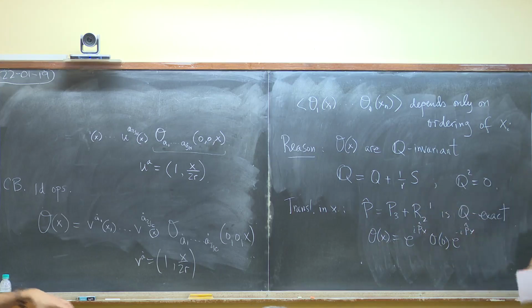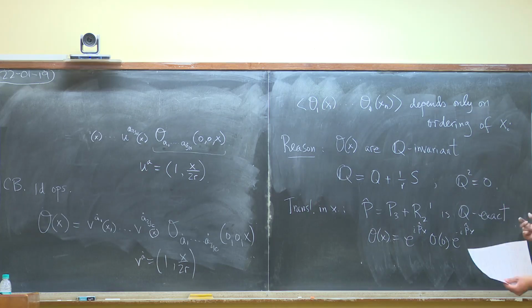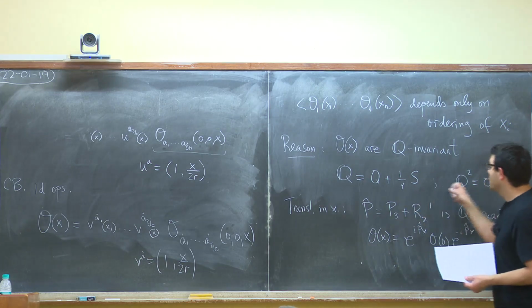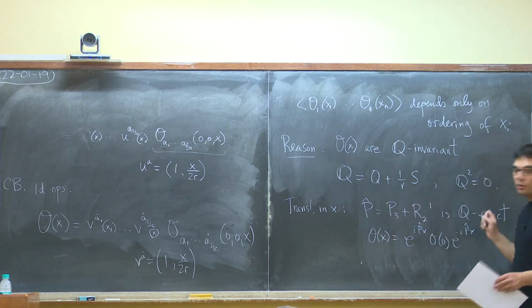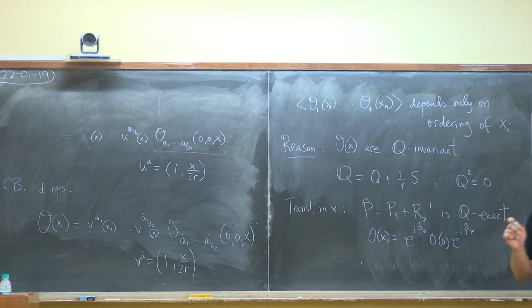Once I am given the algebra, I can construct one particular Q exact operator, which is P hat. Correct. So the claim is that in this superconformal algebra, I can find a supercharge that looks like this, such that Q squared is 0, and such that this P hat is Q of something.